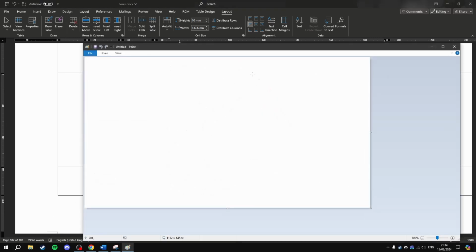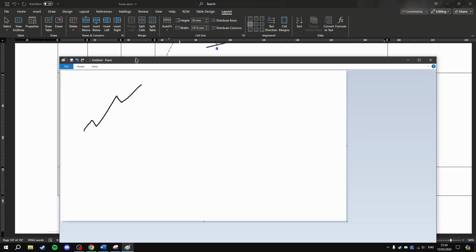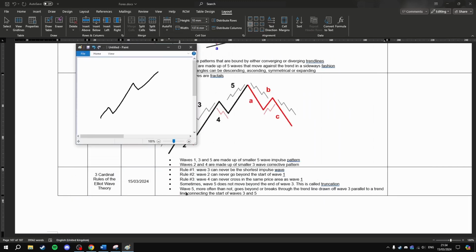Wait, so that's that. Wave 5. Why is this window so big? Wave 5, so this is this one here. More often than not it goes beyond or breaks through the trend line drawn off wave 3, parallel to a trend line connecting the starts of waves 3 and 5. So this is wave 3, the start of waves 3 and 5.